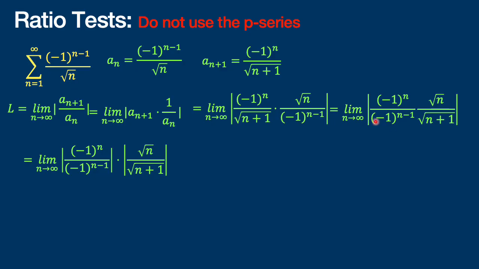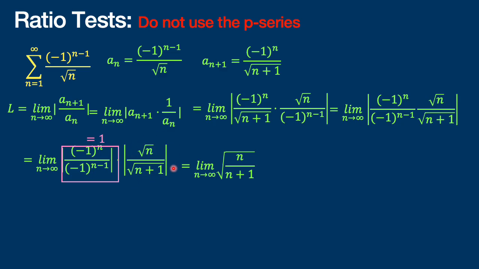Let's separate these: (-1)^n over (-1)^(n-1) times square root of n over square root of n+1. So this one is what? That's always going to be 1 no matter what, because it's positive or negative and we take the absolute value. So we have to find the limit of the other part.